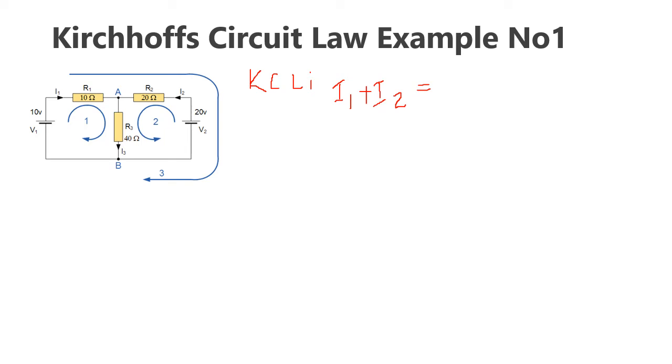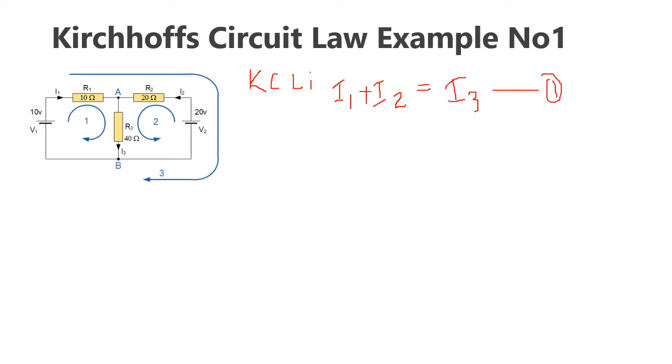So here I1 and I2 are coming towards the node, therefore I1 plus I2. The current coming towards the node will be equal to the current going away from the node. So I3 is going away from the node, therefore the sum of I1 and I2 will be equal to I3. So this is the first equation I have taken.